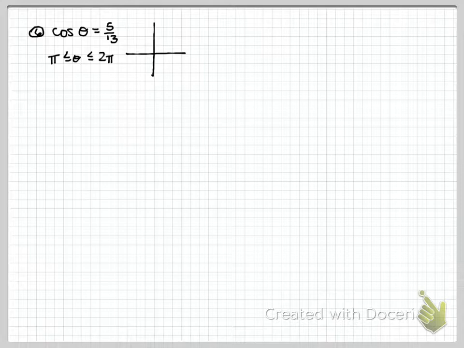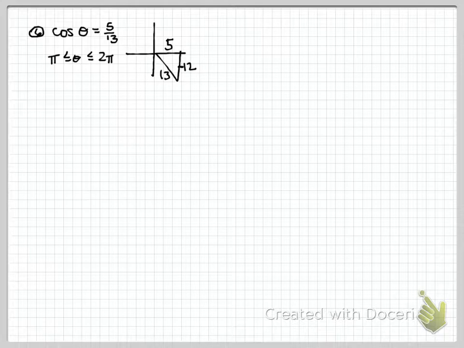That leaves me in the fourth quadrant. So there's my theta. This is 5, and this is 13. Using the Pythagorean theorem, I can find the opposite side, and that's going to be 12. Now this is a negative 12 because that's where my sine is.